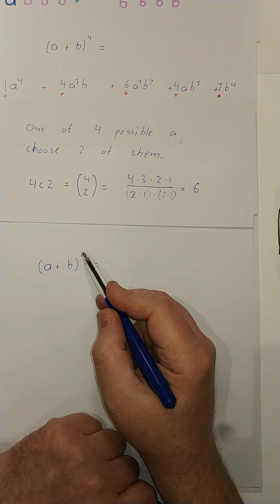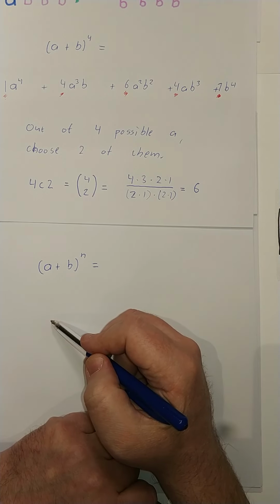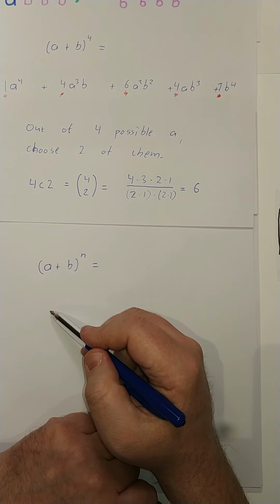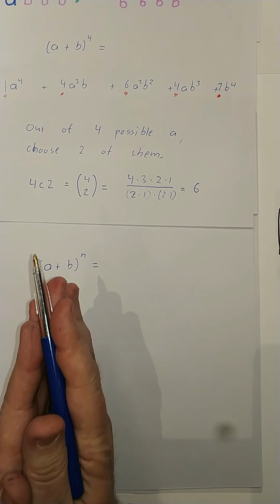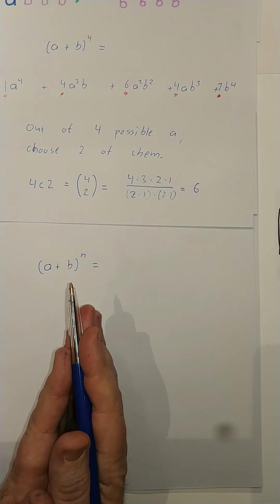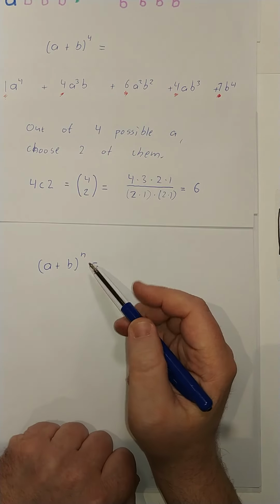So if n was 8, we would have a to the power of 5 times b to the power of 3, and a to the power of 1 times b to the power of 7, and a to the power of 4 times b to the power of 4, every different combination of a and b with a combined power of, in that case, 8.